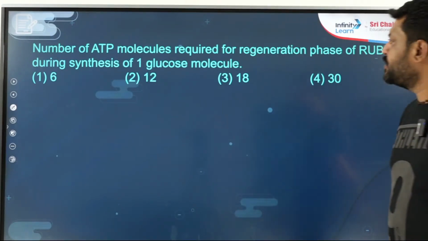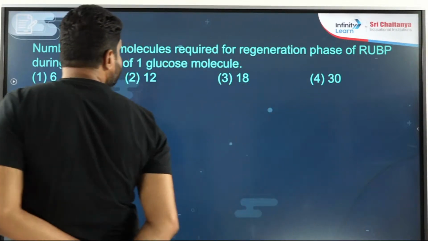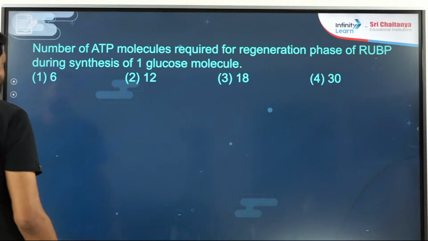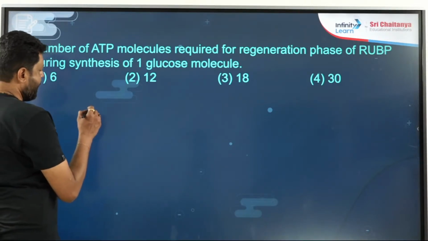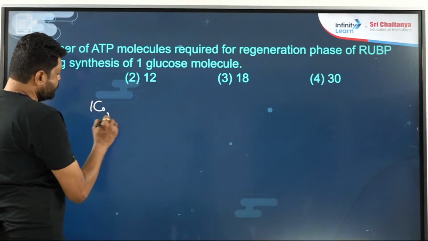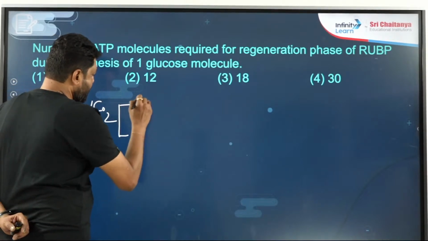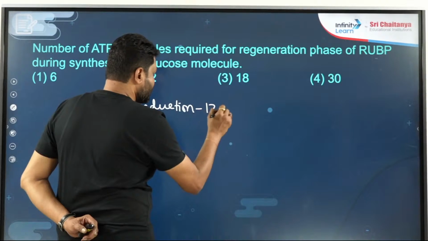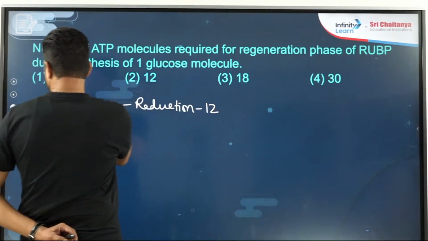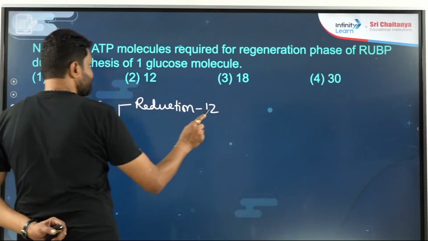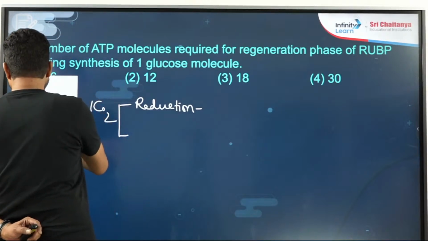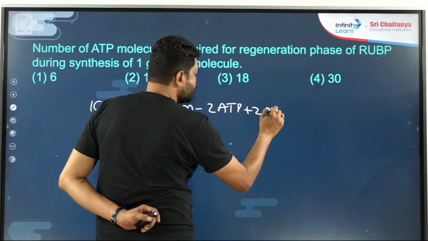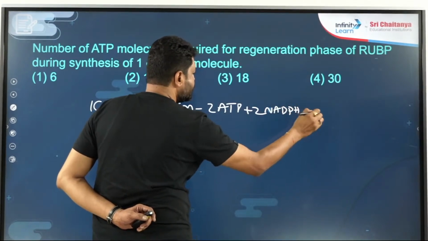Number of ATP molecules required for the regeneration phase of RuBP during synthesis of one glucose molecule. I told you already, for 1 CO2 reduction, 2 ATP plus 2 NADPH2.